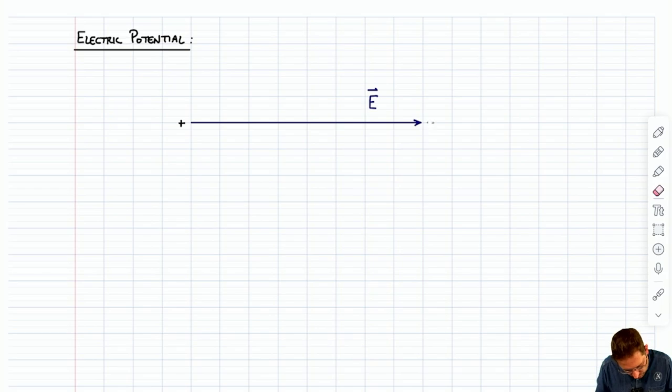So I'm going to remove plus and minus, and I'm going to say that at these two locations, there are going to be different electric potentials. I'm going to call this V plus, and I'm going to call this V minus. And V plus is bigger than V minus, just to be clear.